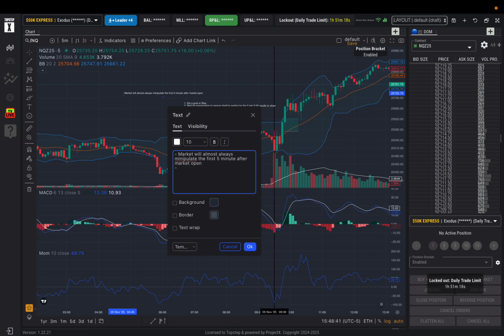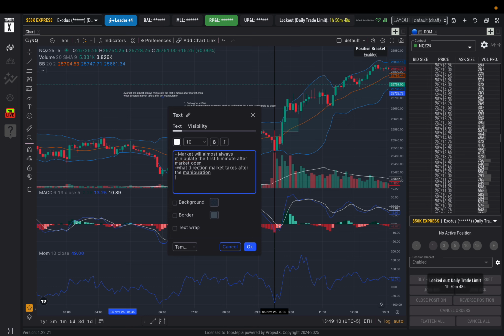And what we're looking for is what direction market takes after the manipulation. So market will always manipulate the first 5 minutes after market open. Once that candle closes, we're looking for the direction that it takes after the manipulation.